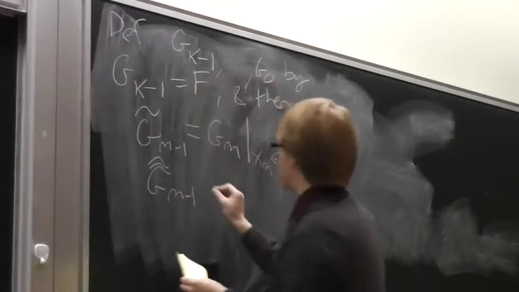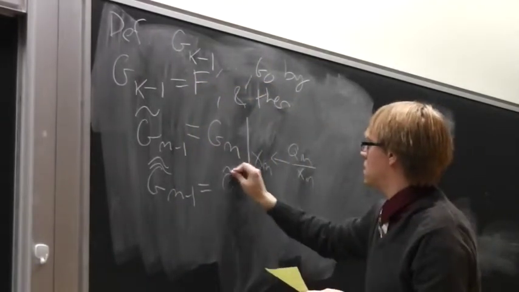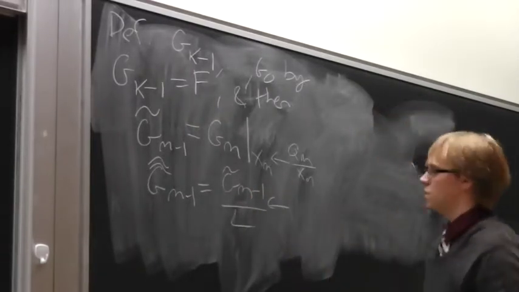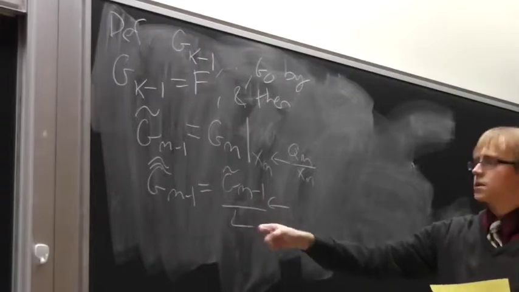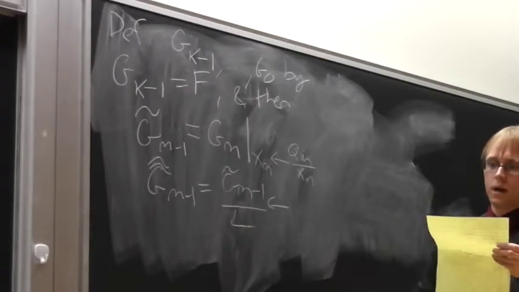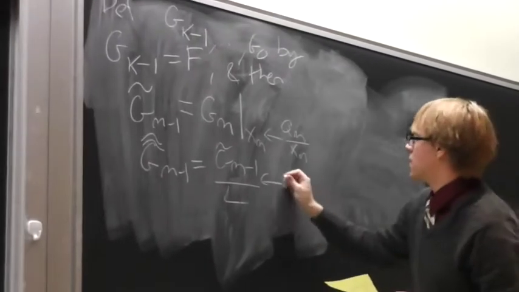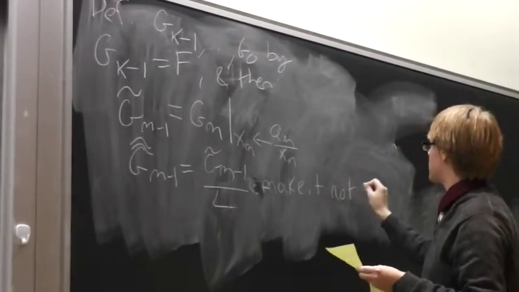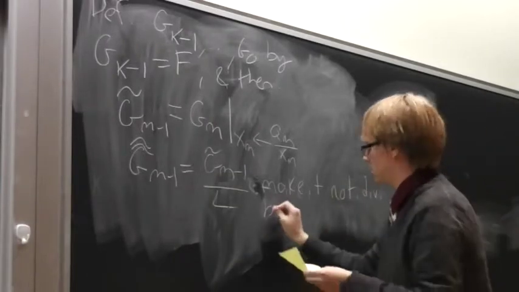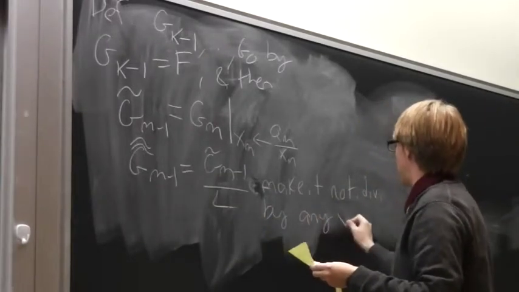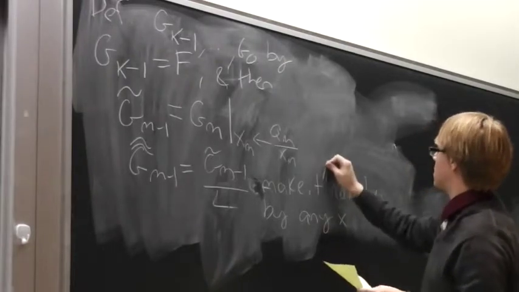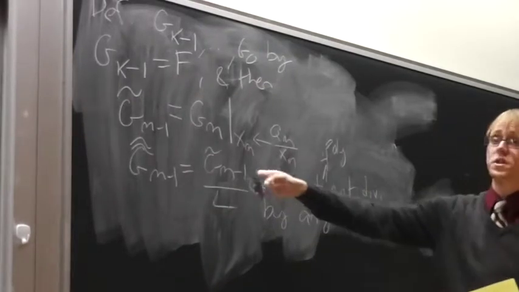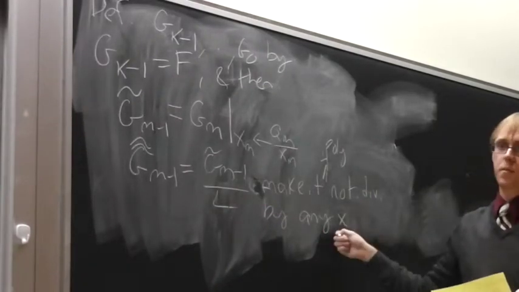G sub m minus 1 double tilde is you divide by some sort of Laurent monomial, so we're going to turn this into a polynomial that's not divisible by any x i.